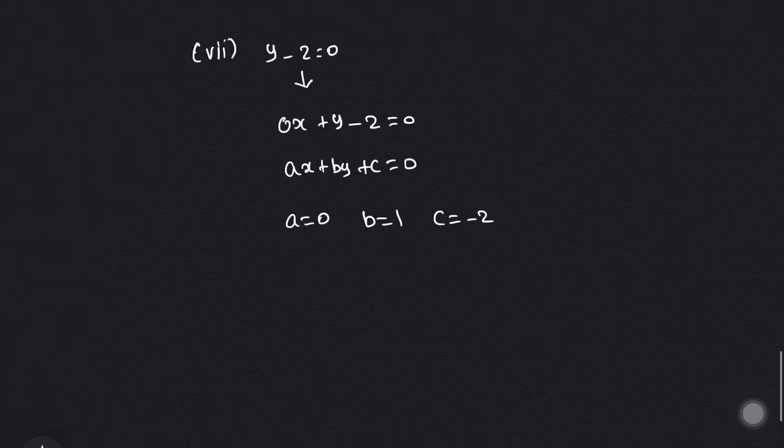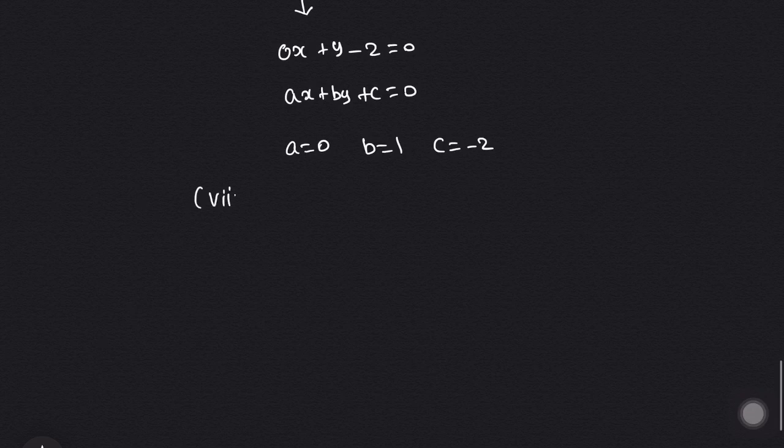The last one, the 8th: 5 = 2x. Here also this term is moving to the left side, or you can move this term to the right side. Both have the same meaning.